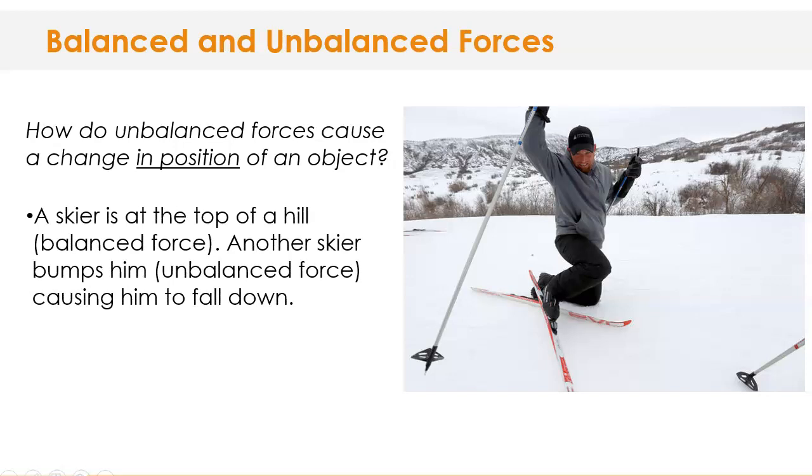Well, if you have a skier that is at the top of a hill and they're just standing there, then the forces are balanced on that skier. However, if another skier comes along and bumps into him, there's an unbalanced force. There are other forces acting in the opposite direction, but they are not equal in strength.